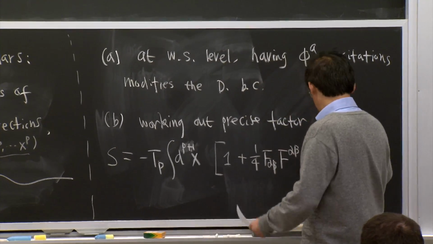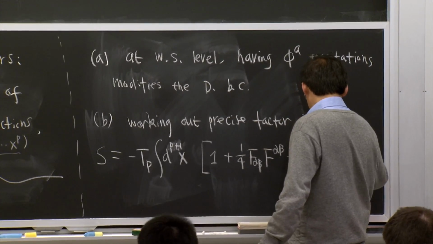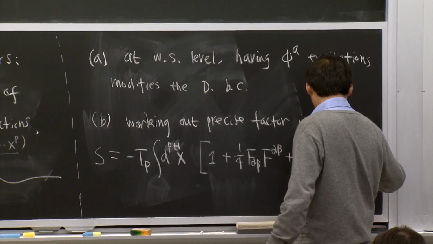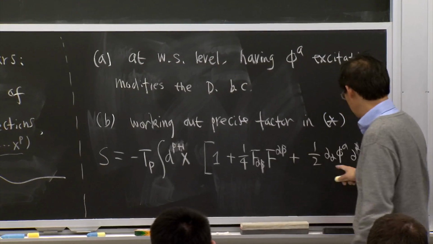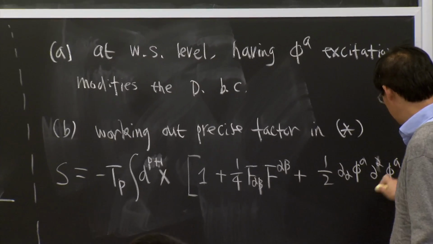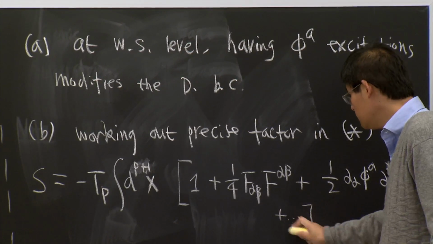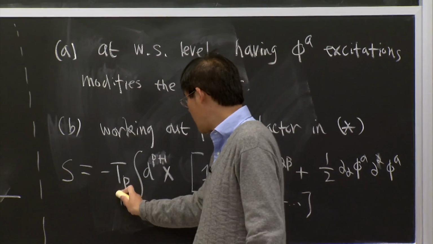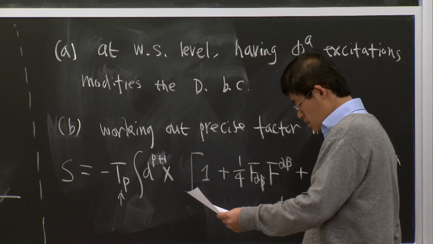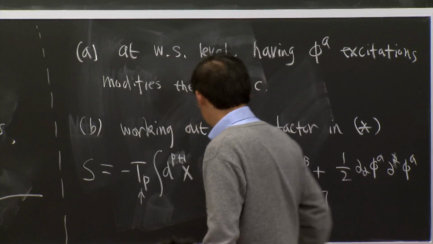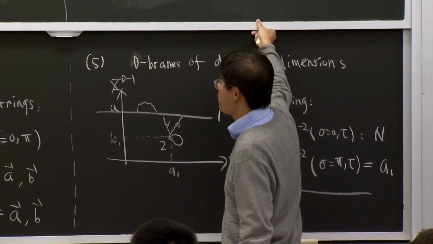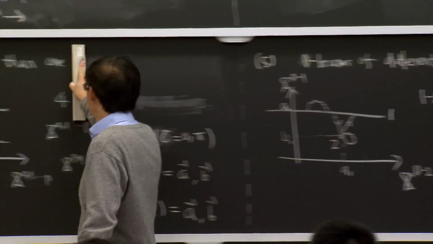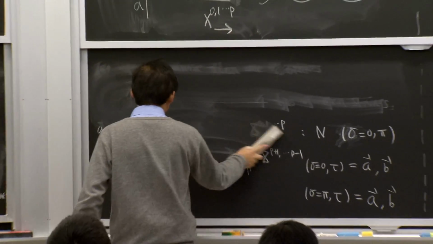So there is a summation in A over here, right? So this Tp, this prefactor, you can work out precisely.